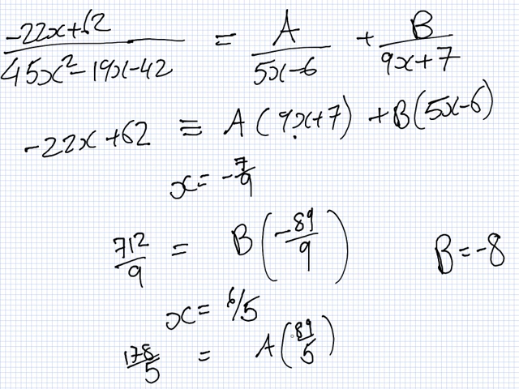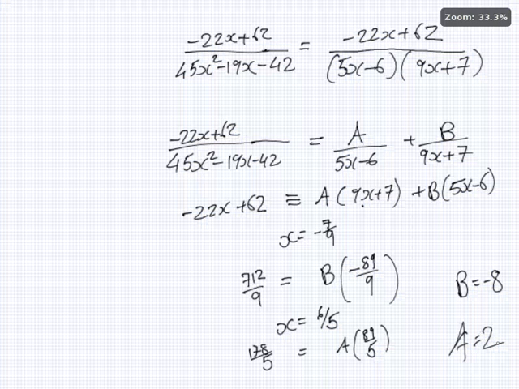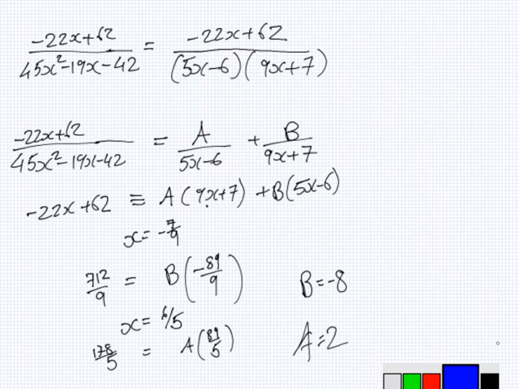So you will get a equals 2. So again, you have your a and your b. It's equal to 2 over 5x minus 6 minus 8 over 9x plus 7.